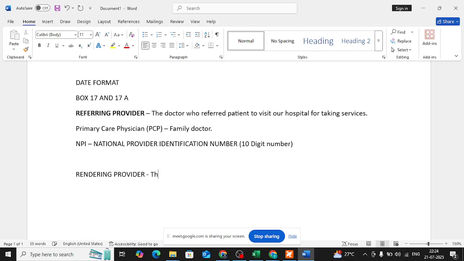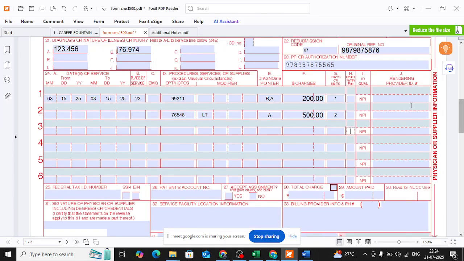Rendering provider means the doctor who is actually performing the service. That doctor is called the rendering provider, who is rendering the service. His NPI will go here. It is also 10 digits. So box number 24J is for the rendering provider NPI number.